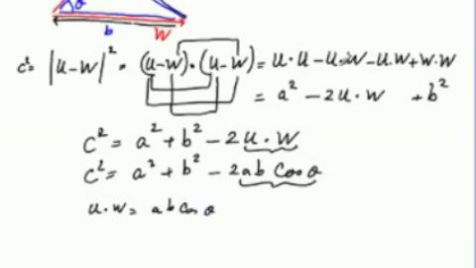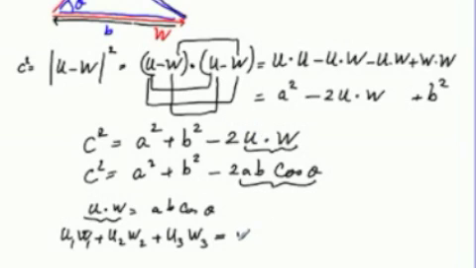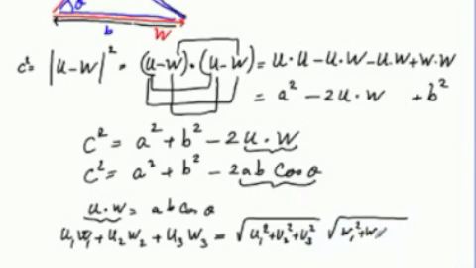Now that style of multiplication was based on the definition of dot product with the component notation, that is U1 times W1 plus U2 times W2 plus U3 times W3. That is the same as on the right hand side, A is the length of U, B is the length of W, and cosine of theta is just the cosine of the angle between the two of them.